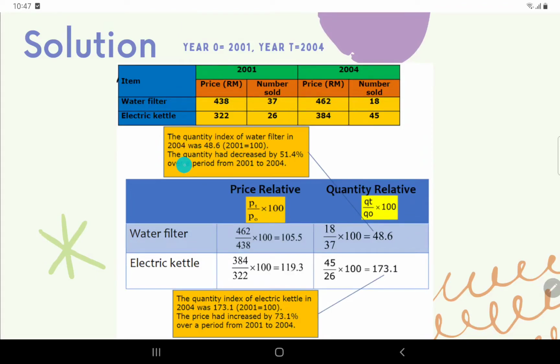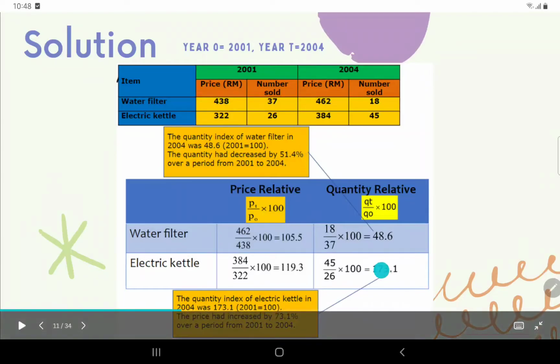So the quantity had decreased by 41.4% over a period from 2001 to 2004. So we can look at the number sold for the water filter in 2001, 37, but in 2004 it decreased. So here we can know it decreased by 51.4%.